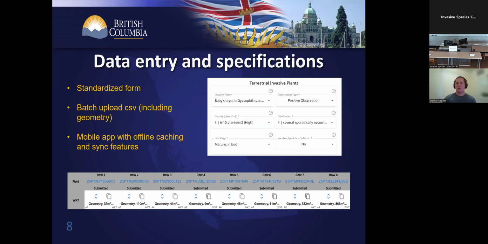A lot of the work that we do is done with spotty service or no service, so it's kind of a requirement. And that's the final piece of the system where everything is within the system. Nobody has to use a third-party app like Avenza Maps or Field Maps or something like that.